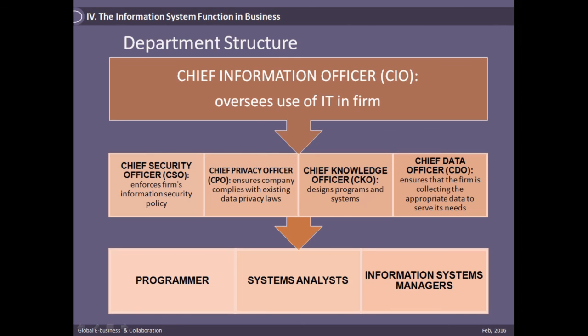Today, CIOs are expected to have a strong business background as well as information system expertise and to play a leadership role in integrating technology into the firm's business strategy. Large firms today also have positions for Chief Security Officer or CSO, Chief Privacy Officer (CPO), Chief Knowledge Officer (CKO), and Chief Data Officer or CDO.